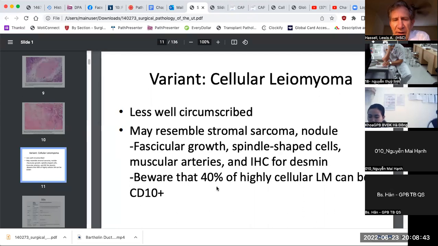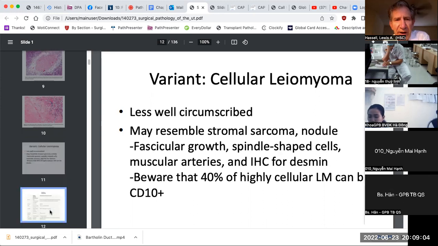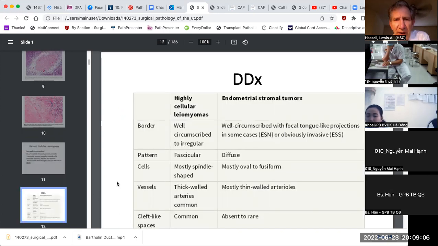But the other feature here to be aware of is that while usually CD10 is useful for marking stromal neoplasms rather than smooth muscle, sometimes these very cellular tumors can have a positive CD10. So just a little bit of a variant to be concerned about.